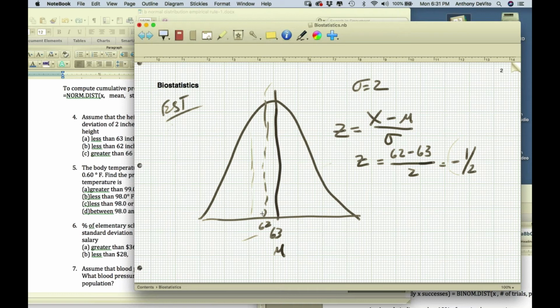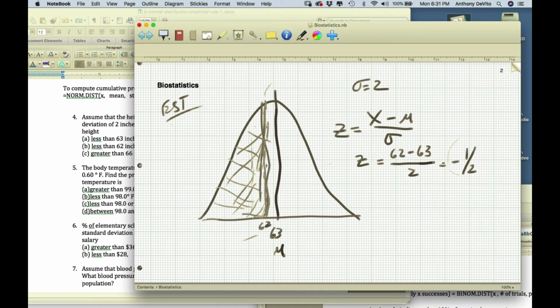So I am going to need a way to calculate the areas that are represented here, like the area below 62. You can look at that a couple of ways. One is that it could represent the percentage of women that have a height below 62 inches.